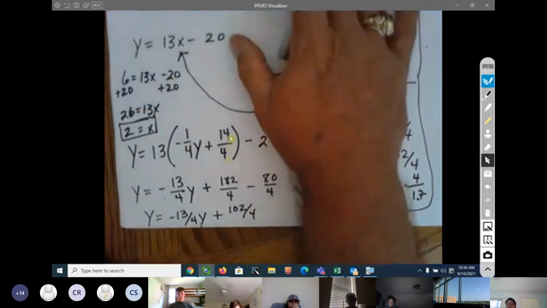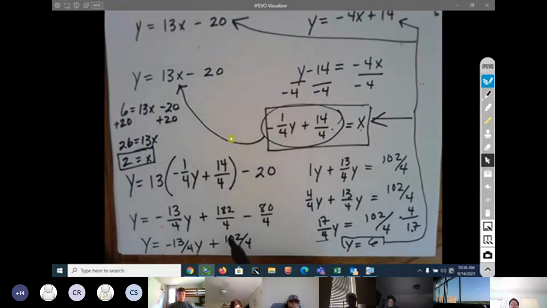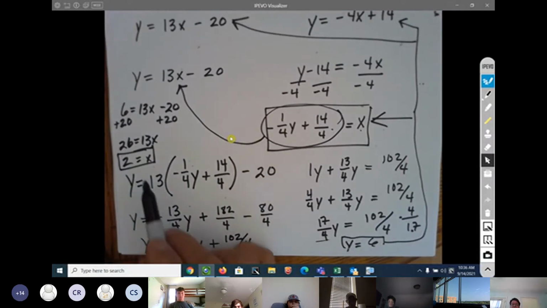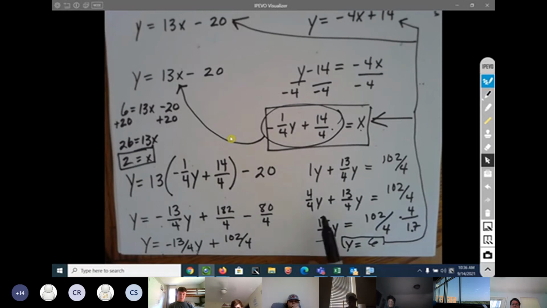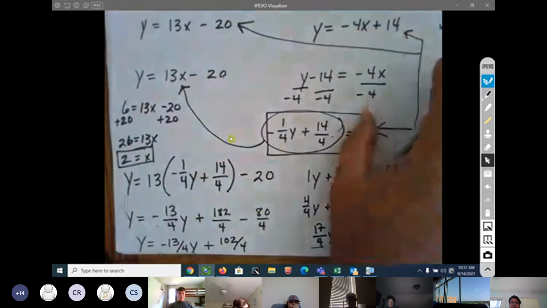So I just used substitution to do this problem, and I got the same answer as the graphing. It crosses at 2, 6. That's substitution. Y'all remember that from Algebra 2?